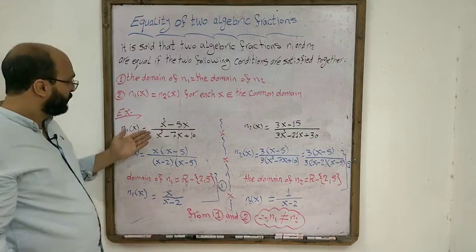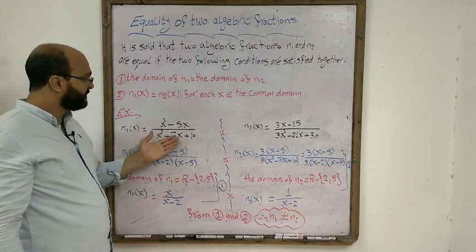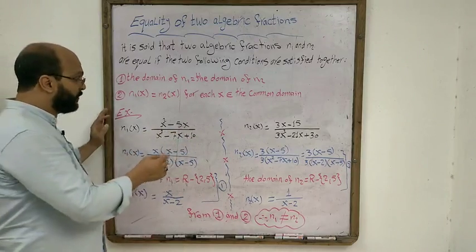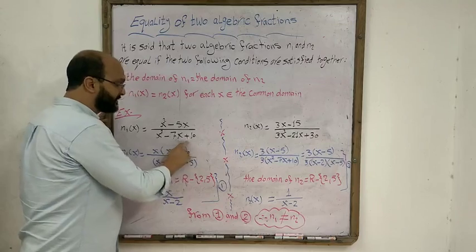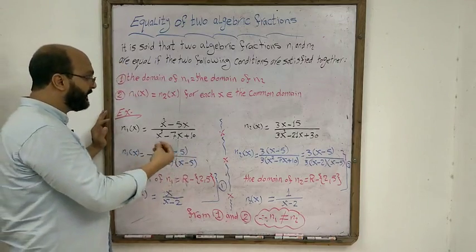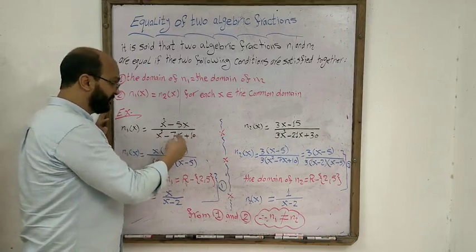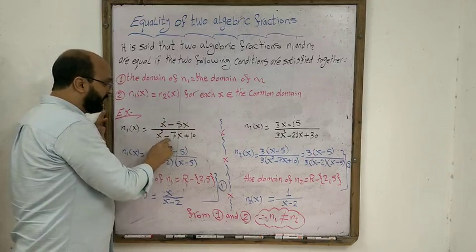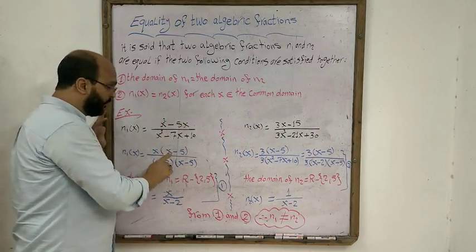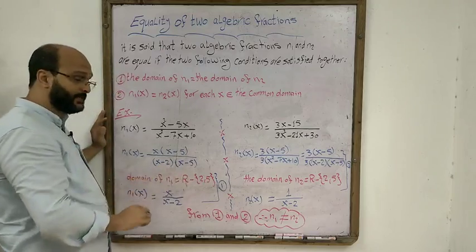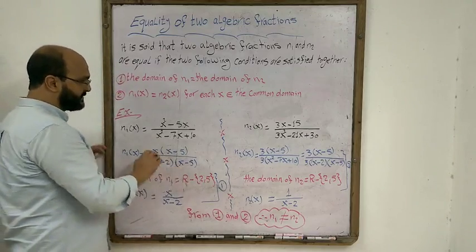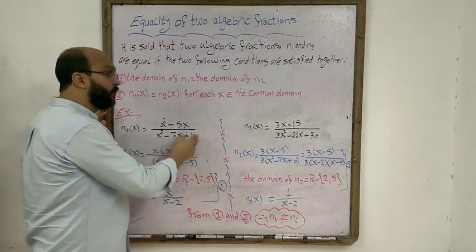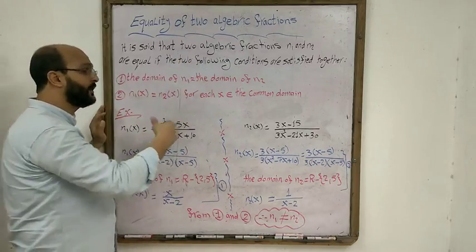The denominator is x to the power of 2 minus 7x plus 10, a trinomial, and we need to factorize it. The last sign is plus, so we need two numbers whose product equals 10, and we take the sign of the middle term in both brackets. 10 equals 1 times 10 or 2 times 5.